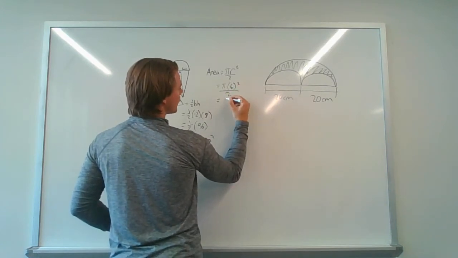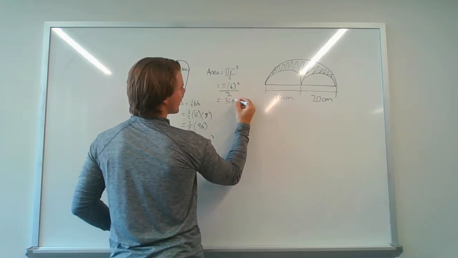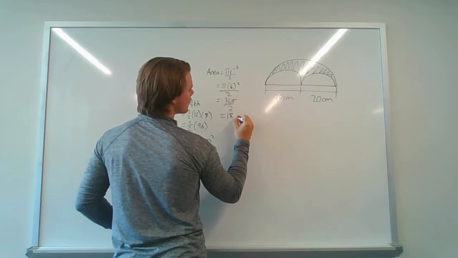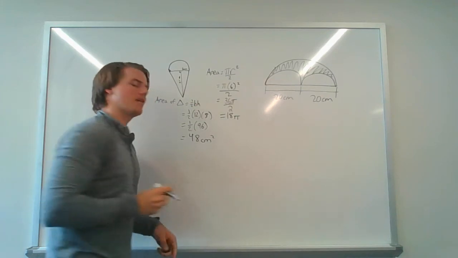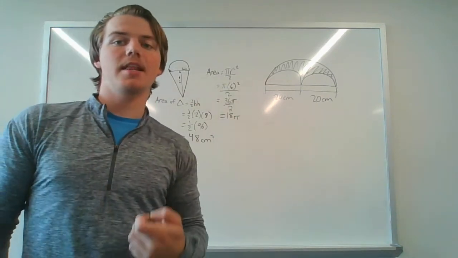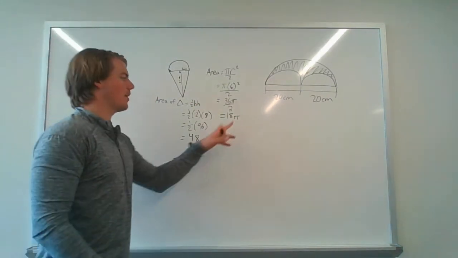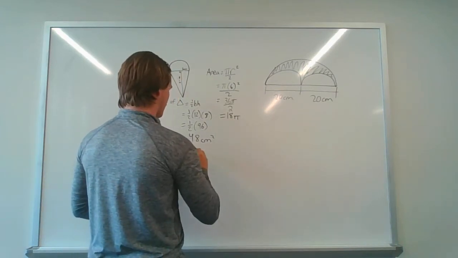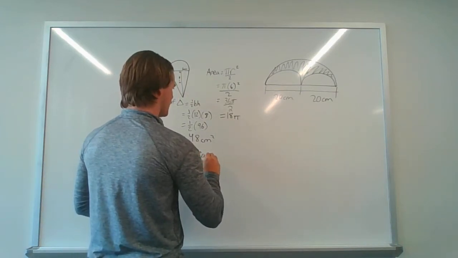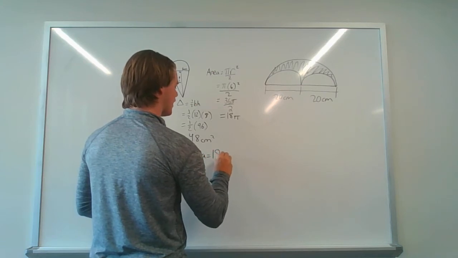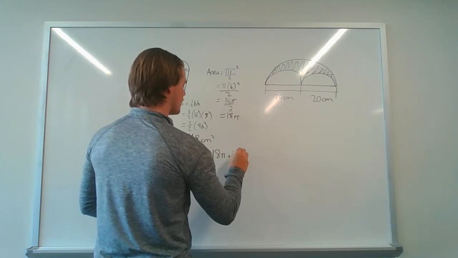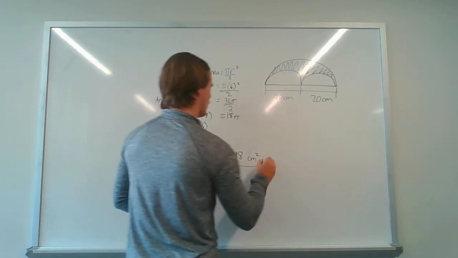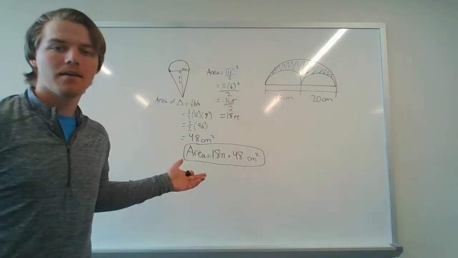We've got 36 pi over 2, which is equal to 18 pi. We're going to keep this as an exact answer, so we don't want to multiply the 18 pi. So our area is equal to 18 pi plus 48 centimeters squared. So there we've got that.